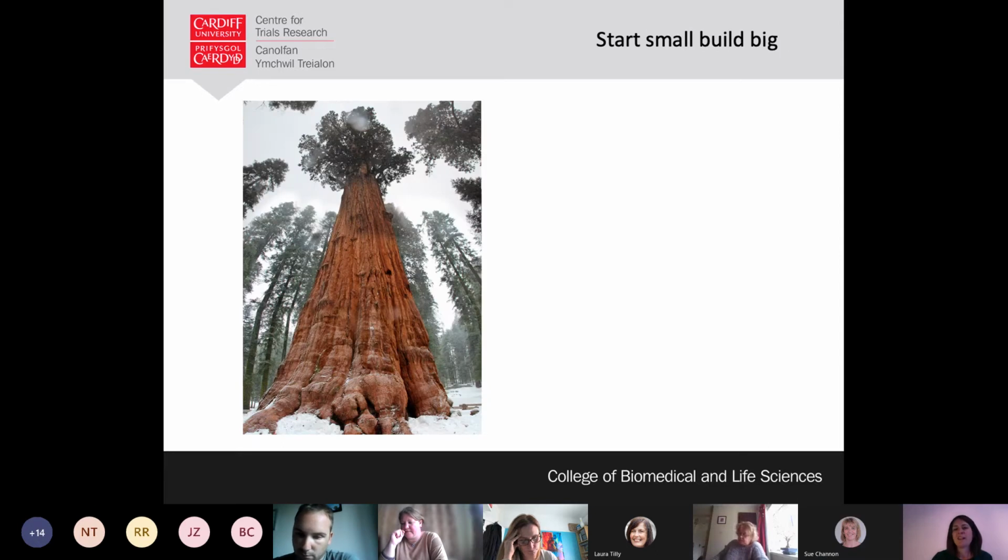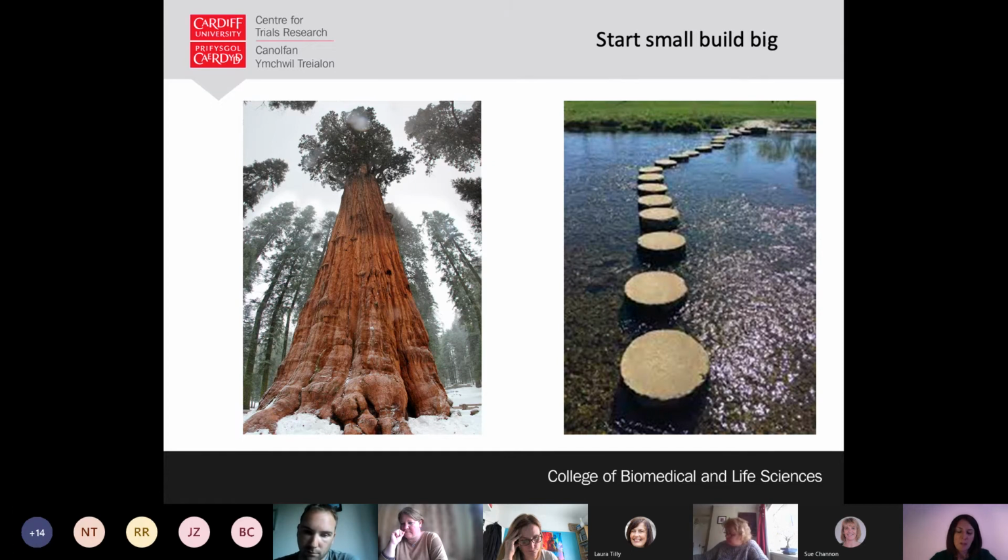And then the other piece of advice is really to start small and build big. So people, when they come to us, are often really ambitious, and that's great and that's nice to see. But sometimes they can come with a real end goal in mind about what question needs answering, like a full definitive randomized controlled trial that's going to prove the effectiveness of some intervention.